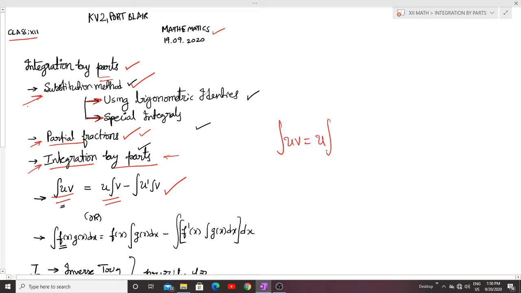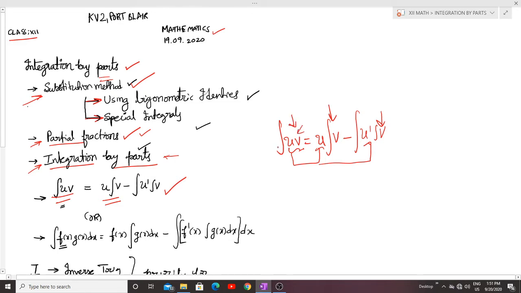Here, one of the functions in uv is getting differentiated and the other is getting integrated. The priority: u will be differentiated and v will be integrated.